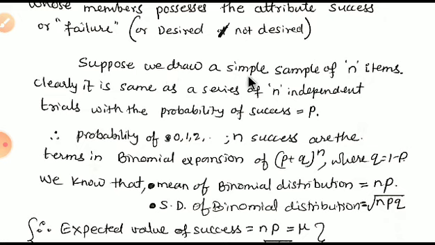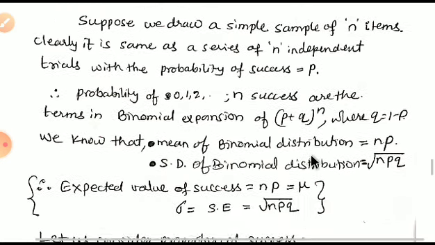Suppose we draw a simple sample of n items. Then the probability of r successes, r is 0, 1, 2, 3, 4, follows a binomial distribution. If p is success and q is failure, for r equal to 0, 1, 2, up to n, then from binomial expansion p plus q raised to n is equal to 1.